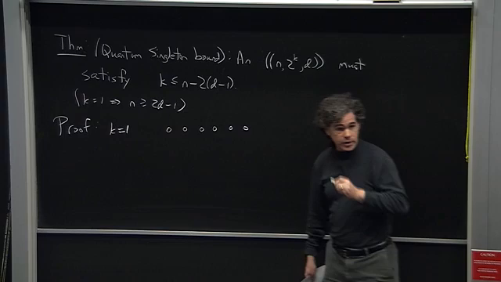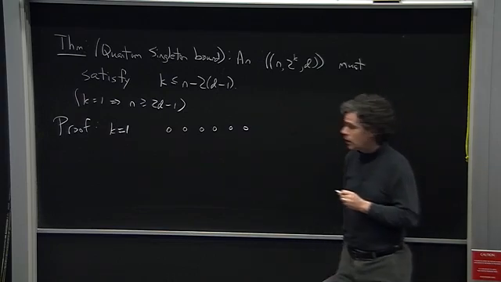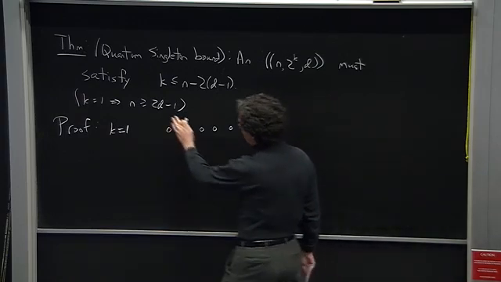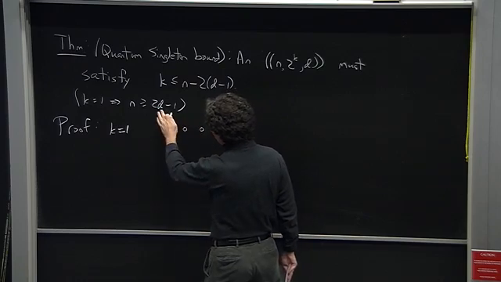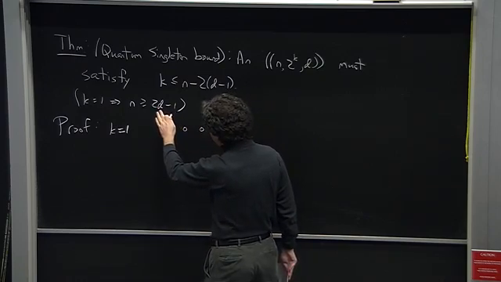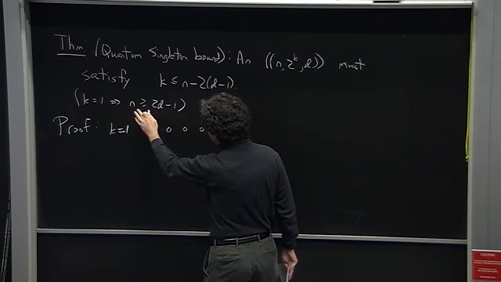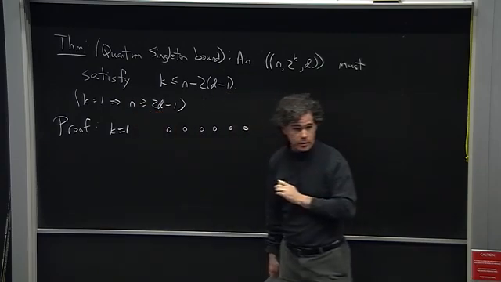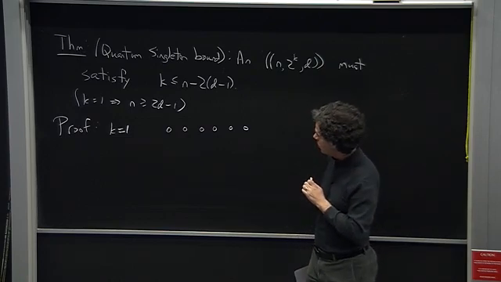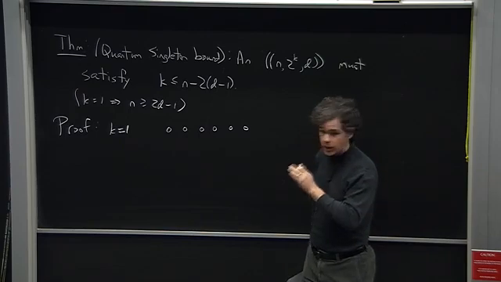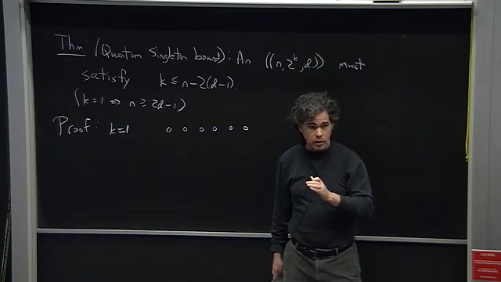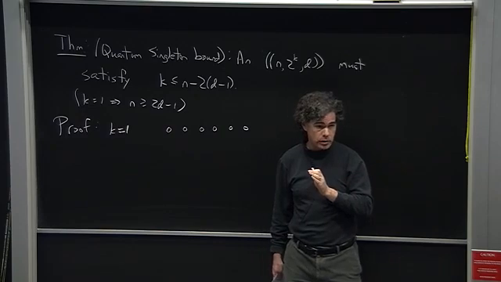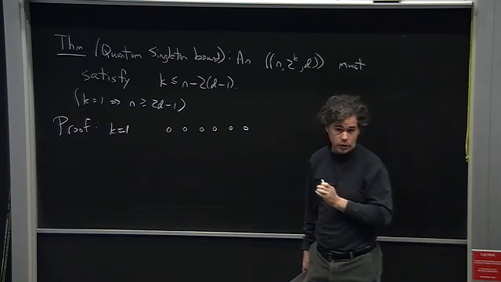So we can correct up to d minus 1 erasure errors. Now suppose n was actually just equal to 2d minus 2. Right? So it's not satisfying this bound. Remember, I said I can correct d minus 1 erasure errors.